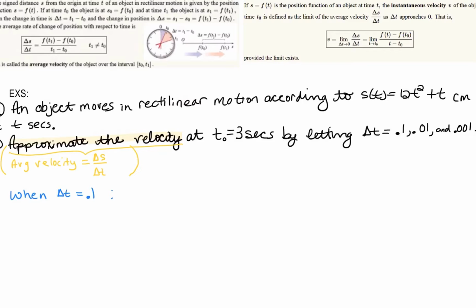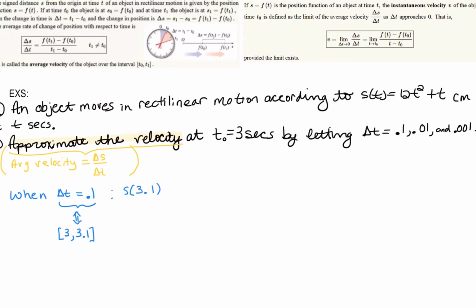So now I need to do what my position is after, so I'm going to be doing my S of 3.1, because remember we're starting at 3. So actually let's write something out. This change in time being 1/10 of a second, that is the same thing as saying on the interval from 3 to 3.1 seconds.